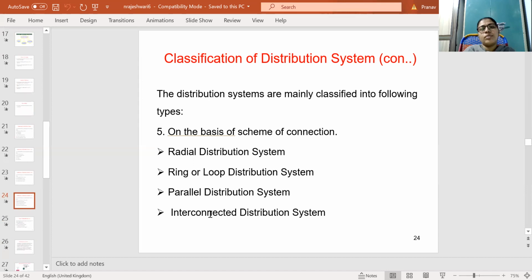On the basis of scheme of connection, there are the radial distribution system, ring or loop distribution system, parallel distribution system, and interconnected distribution system.